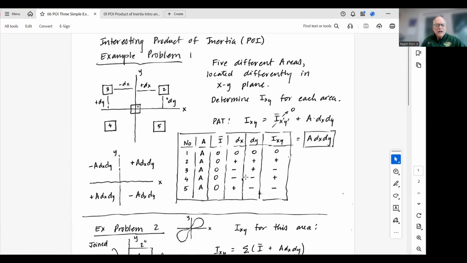So for each of these areas, their Ixy about the XY axes is basically equal to A dx dy, either positive or negative, and it really depends on the dx dy product. So area 2 is a positive A dx dy. Area 3 is negative. Area 4 is positive, and area 5 is negative.